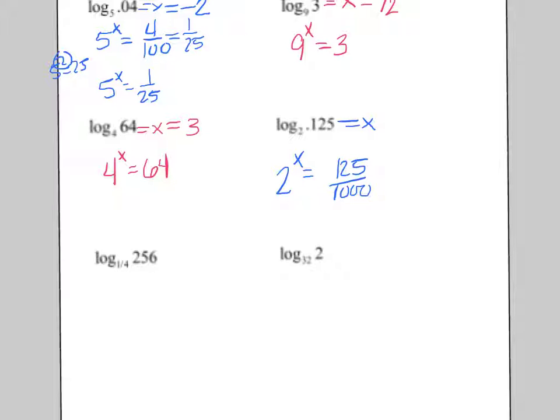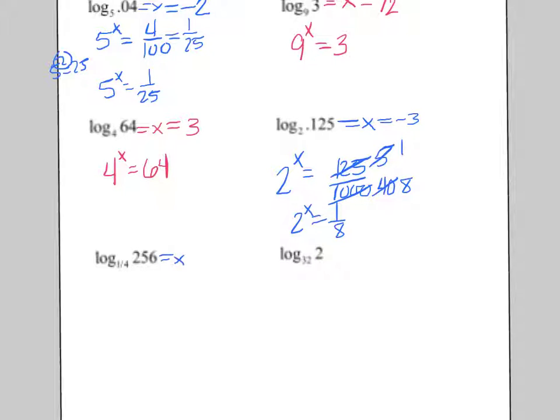I don't have my calculator, so I'm going to have to do this the old-fashioned way. 25 goes into 125 5 times, and 25 goes into 1,000 40 times, and 5 goes into 5 once, and 5 goes into 40 8 times. So 2 to the x equals 1/8. Well, 2 to the third equals 8, so I need to flip that over, so I'm going for -3 as my exponent.